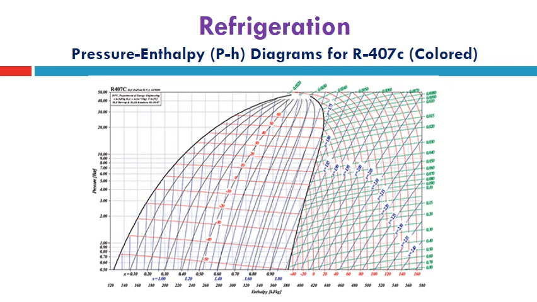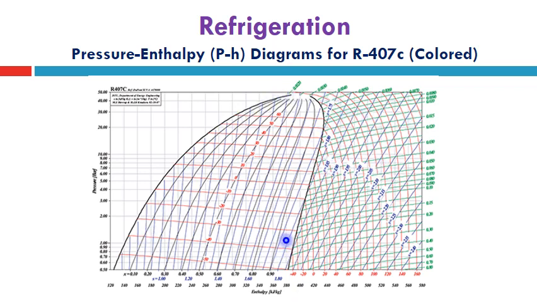In this slide we also present R407C, which is commonly used, however in color. The decreasing of the temperature lines inside the wet region is also observed clearly here, rather than the black one presented in the previous slides.